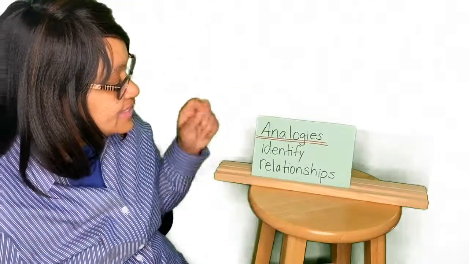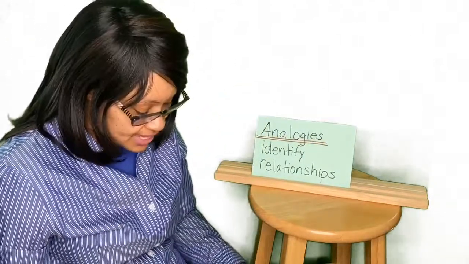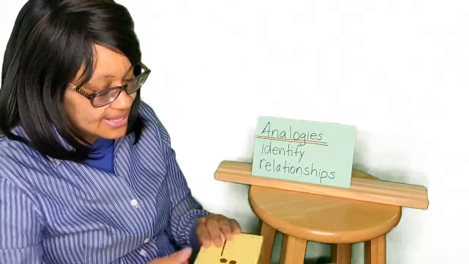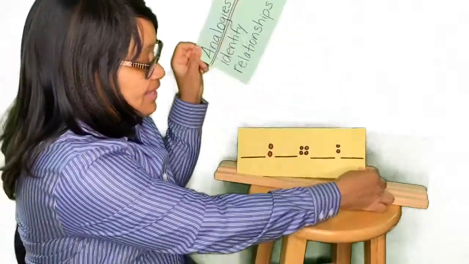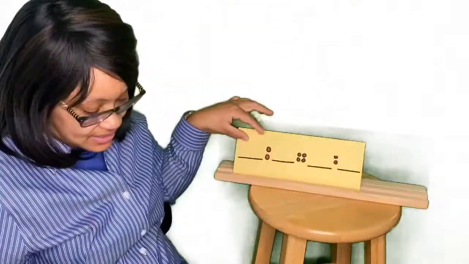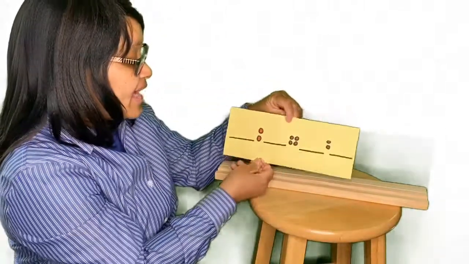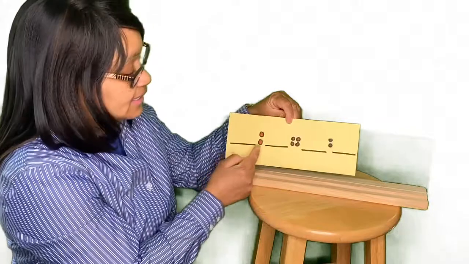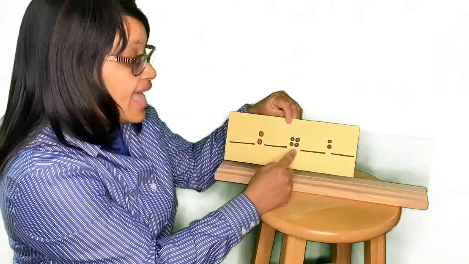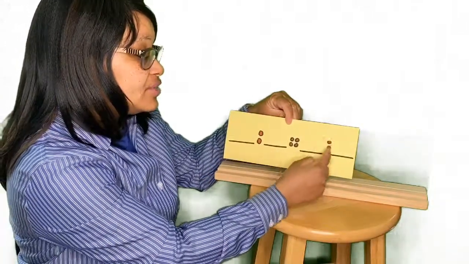So like we said earlier, analogies identify relationships. And so you may see the analogy set up like this. Like we said, it's a word equation. And so we have blank is to blank as blank is to blank.